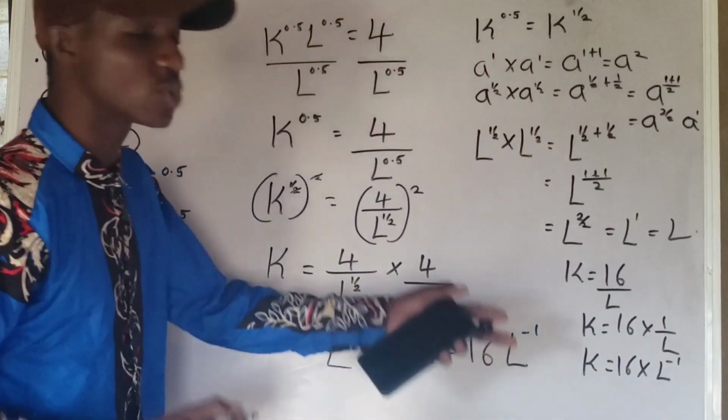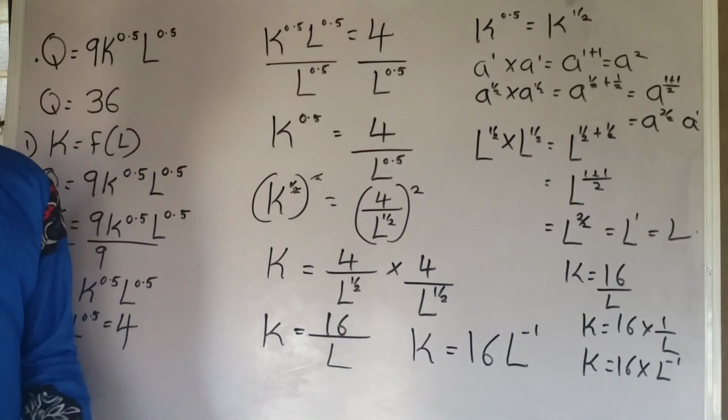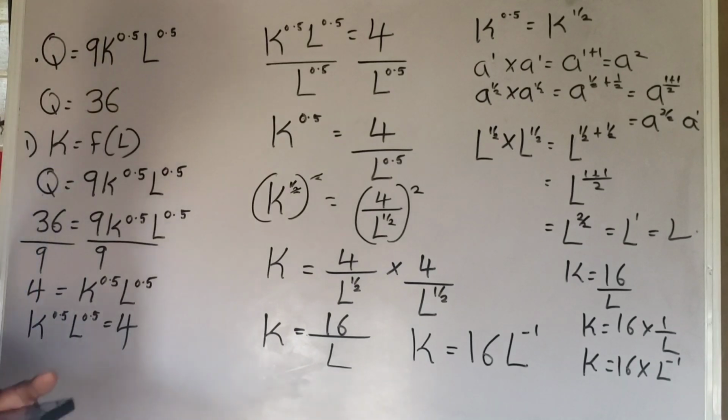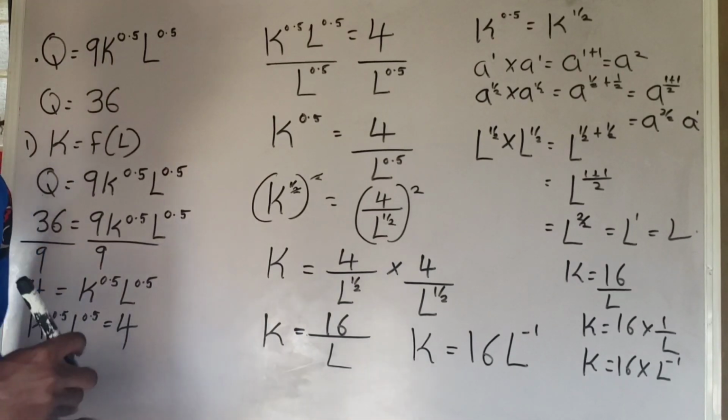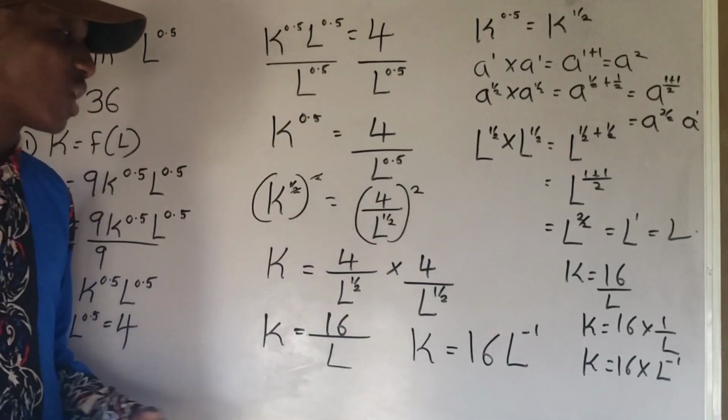You understand? Because 1 over L can be written like that according to the law of indices. These are basic mathematical concepts that you're supposed to understand. If you didn't understand, you can check the channel, there is a video that I did on indices. You're going to see all these laws there. So I use the law of indices.